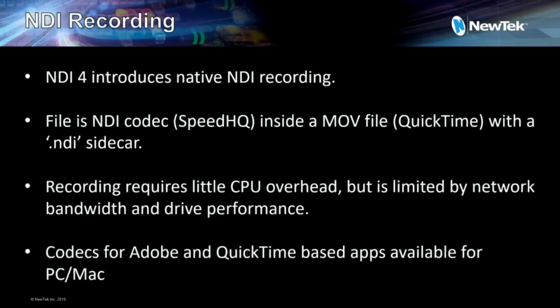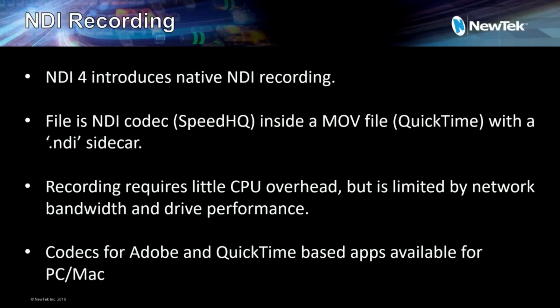Some other aspects of NDI just to talk about. NDI, starting with version 4, has a recording capability that's built into it. We call it native NDI recording. This allows you to take the NDI data stream and write it to disk as a QuickTime file with an NDI sidecar file for any of the additional information that QuickTime can't store. And the advantage of this is that there's no recompression.